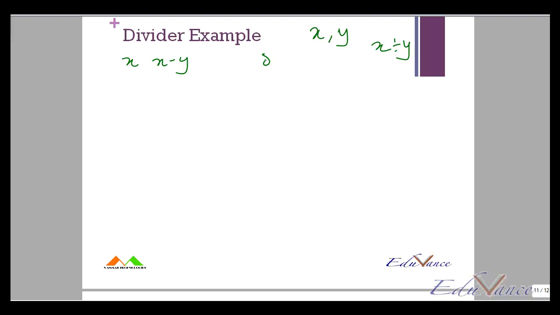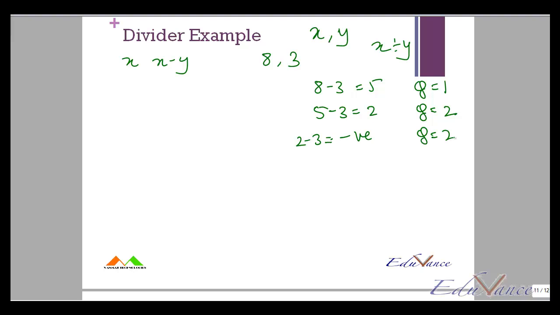If I'm doing 8 divided by 3, I would first do 8 minus 3 is equal to 5. Quotient is 1. Then 5 minus 3 is equal to 2. Quotient is 2. Now I can't do 2 minus 3, as that would be a negative number. Hence my quotient is 2, remainder is 2. This is a very simple method of doing division.